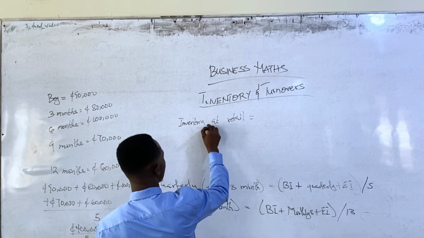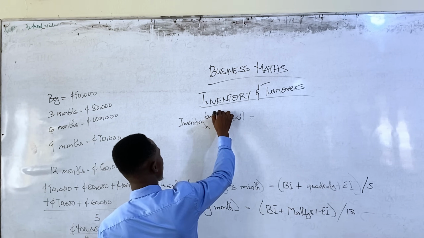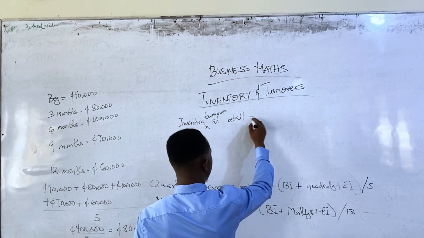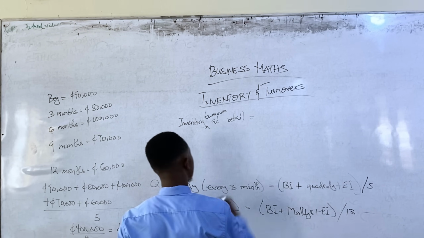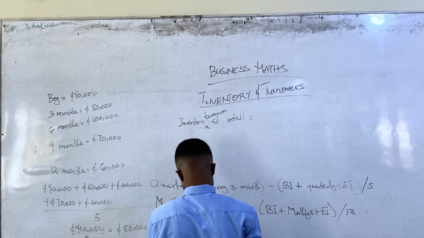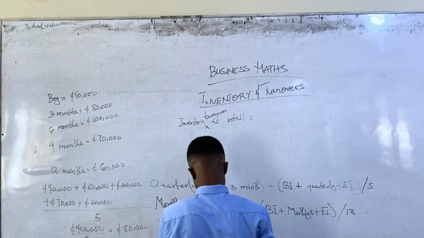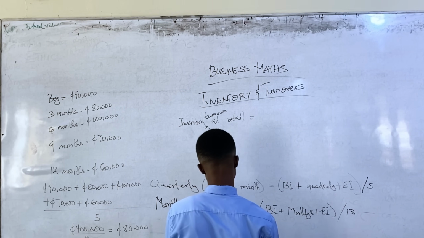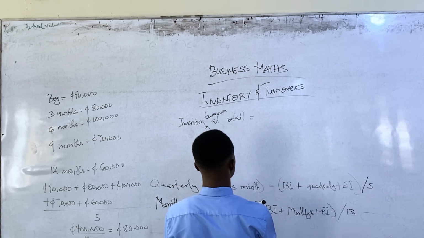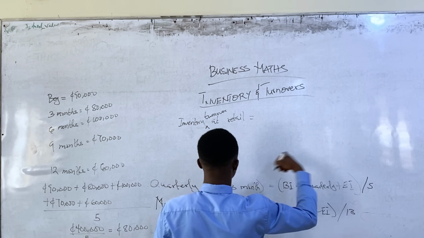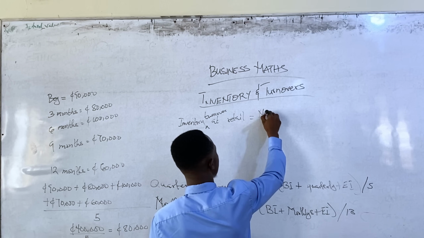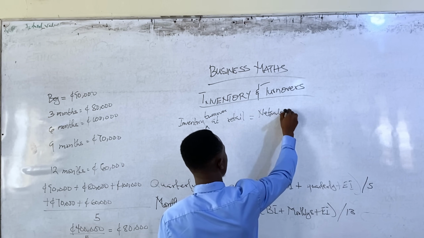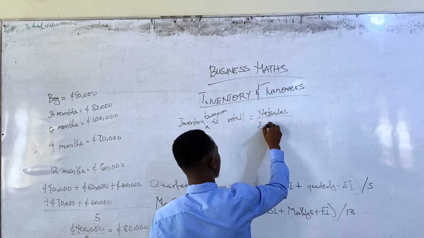Inventory turnover. So inventory turnover at retail. Here, you are going to divide your net sales by average inventory. So we write net sales divided by average inventory.